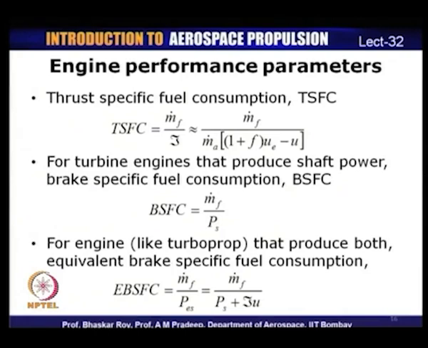And for an engine like a turboprop, which usually generates both shaft power as well as nozzle thrust, we define equivalent brake specific fuel consumption, which is equal to m dot F divided by equivalent power P_ES, which is equal to shaft power plus the thrust power. So, these are used for engines like turboprops, which have both shaft power as well as thrust from the nozzle.